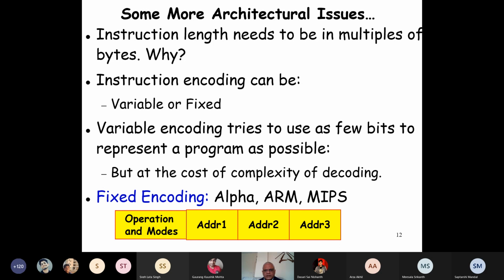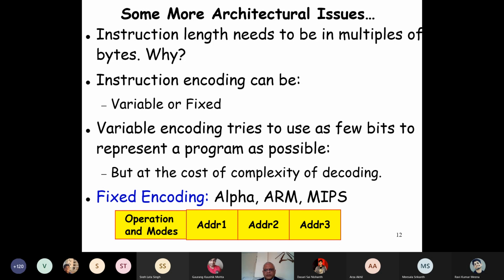If this is the instruction shown here, there is an opcode, and then we have the different addresses where the operands are. So the instruction length is always in multiples of bytes, 16 bit, 32 bit, etc.